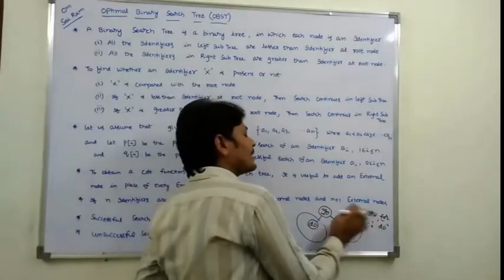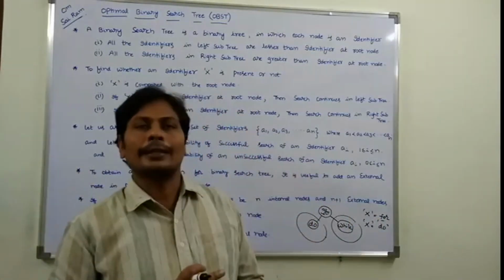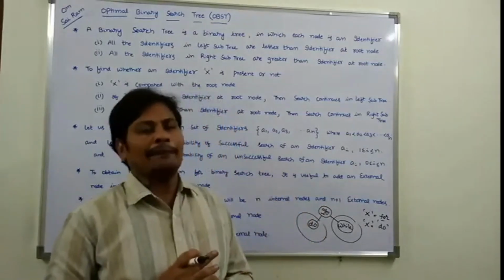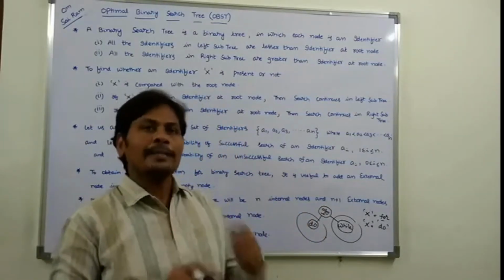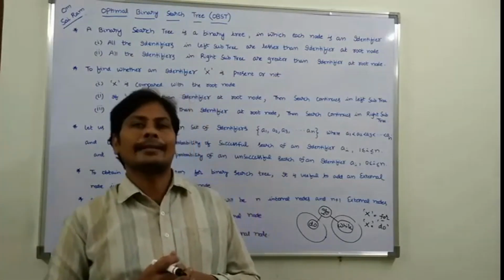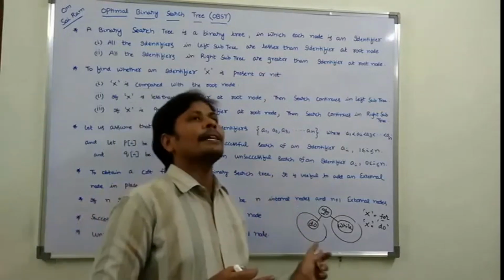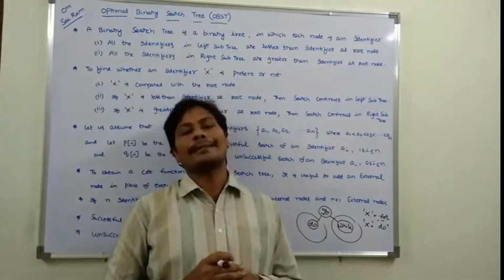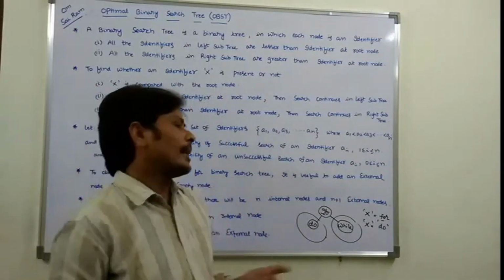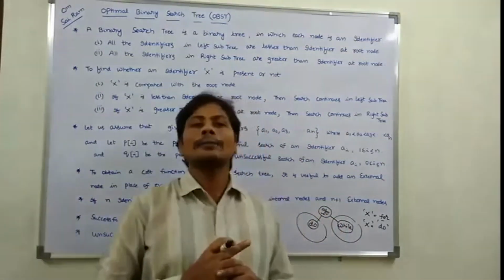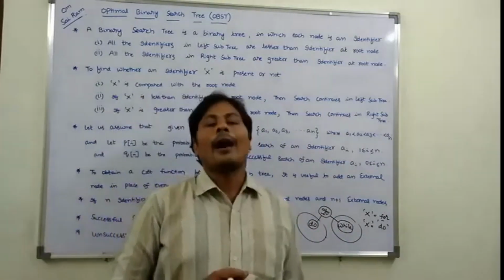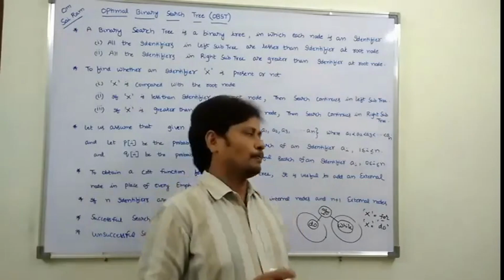If it is less, the search continues at the left subtree. If the identifier is available in the binary search tree, the search is called a successful search. If the identifier is not present in the binary search tree, the search is called an unsuccessful search.